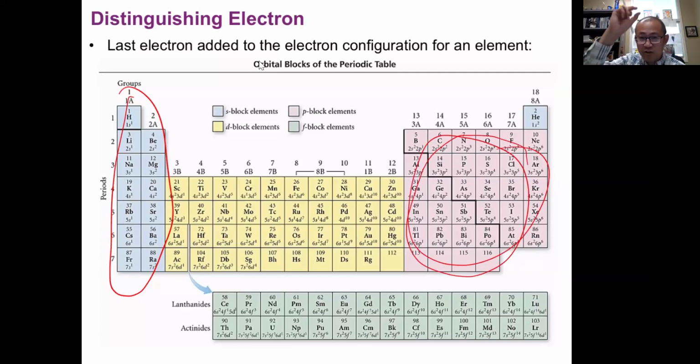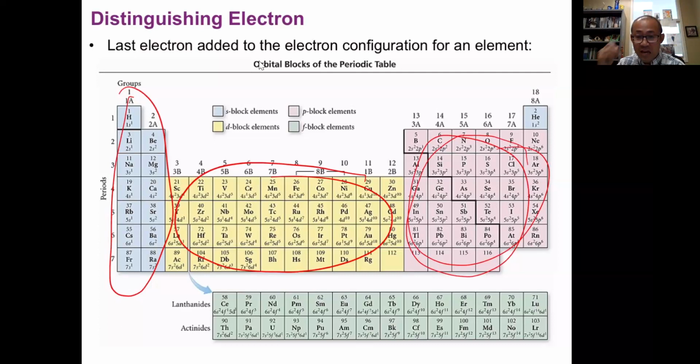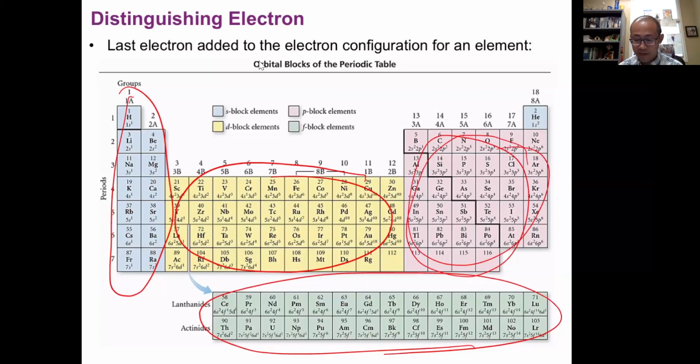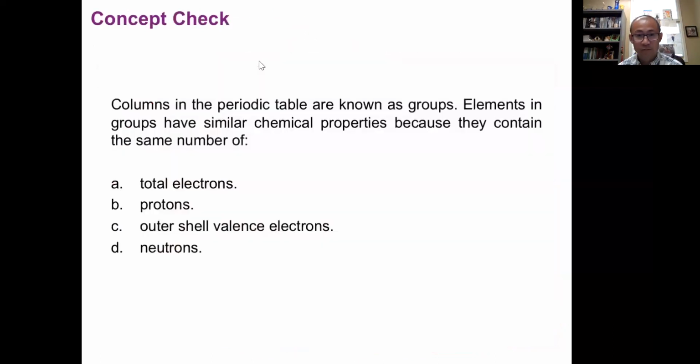If the last electron falls into D, we call those D block elements, which are transition metals. If the last electron is filled in F, we call those F block elements, which are inner transition metals. See that? The periodic table is the cyclization of the electron filling.